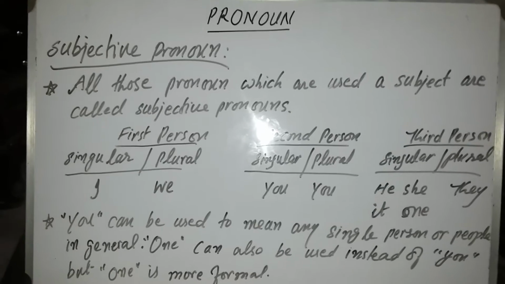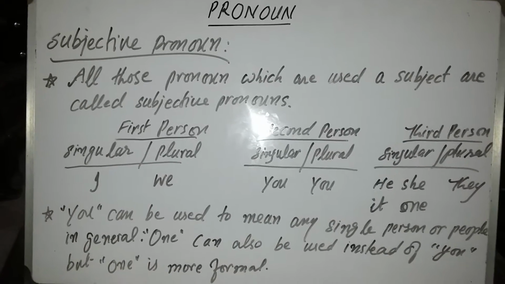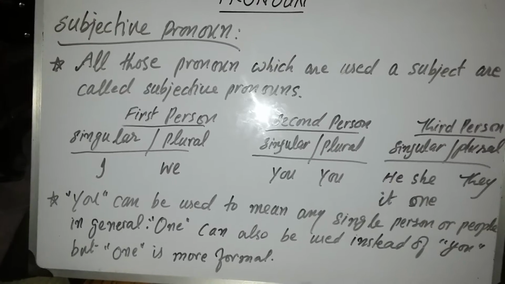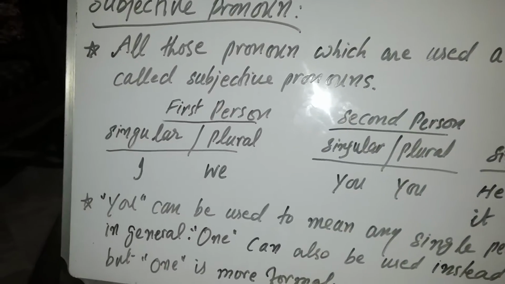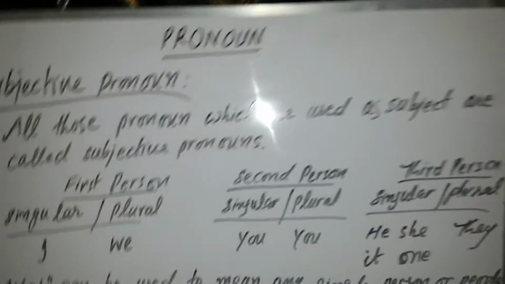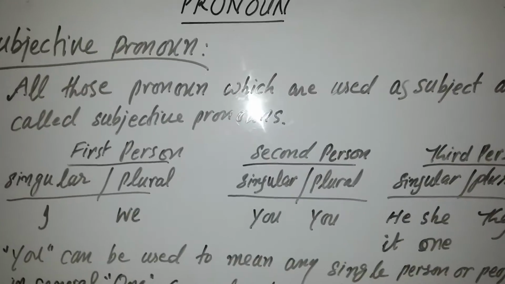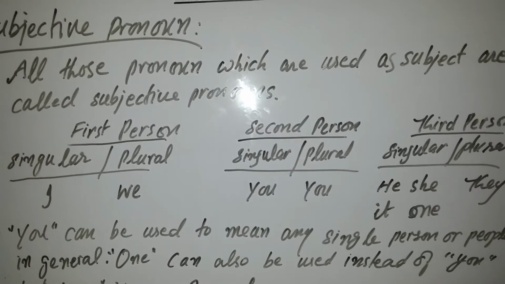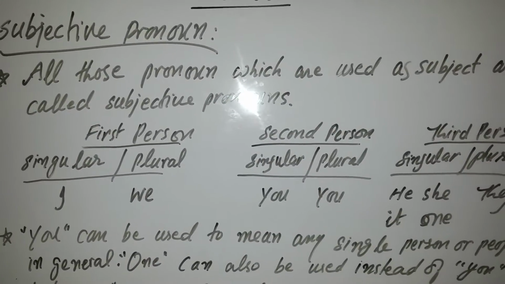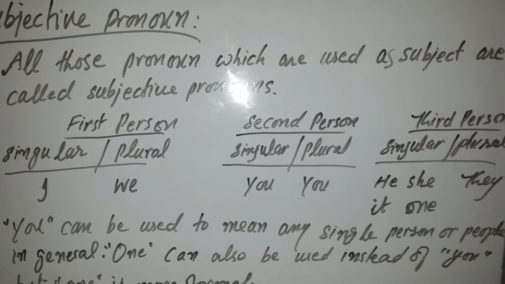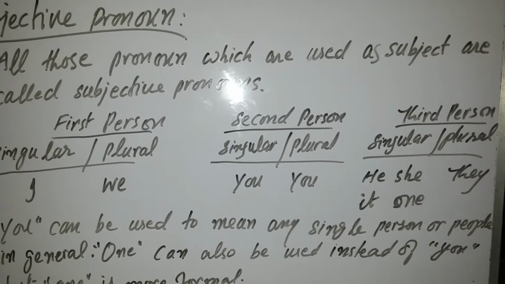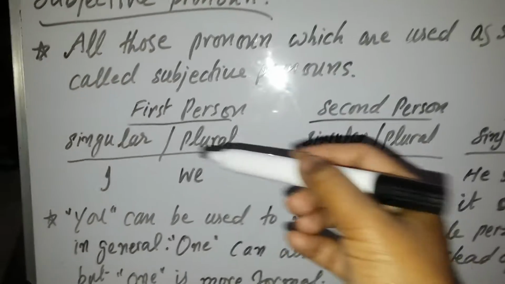Subjective pronoun. All those pronouns which are used as subject are called subjective pronouns. First person, second person, third person: first person singular, first person plural, second person singular, second person plural, third person singular, third person plural.